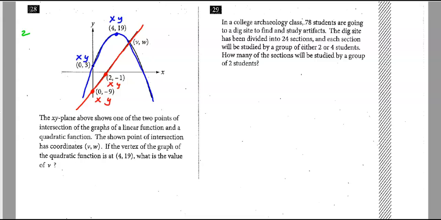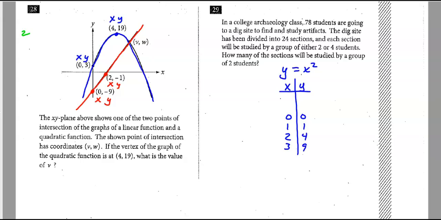Let me show you the fastest way that I think you can do this first. The fastest way is, for any parabola, let me go to the parent function, y equals x squared. When you make a little t-chart and plug some numbers in, if you stick 0 in for x, you get 0. If you put 1 in for x, you get 1 for y. 2 squared is 4. 3 squared is 9.